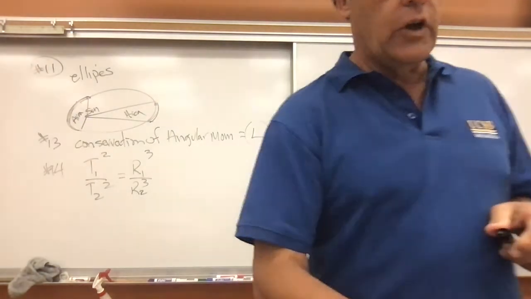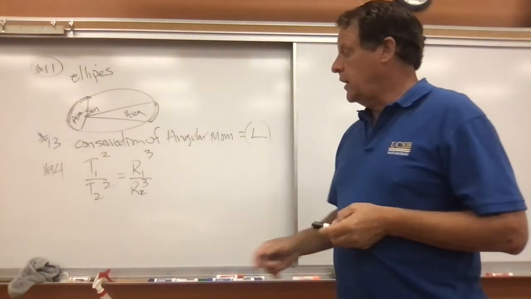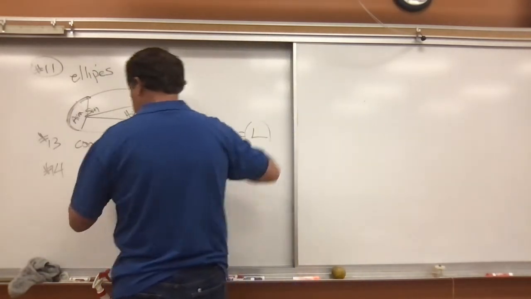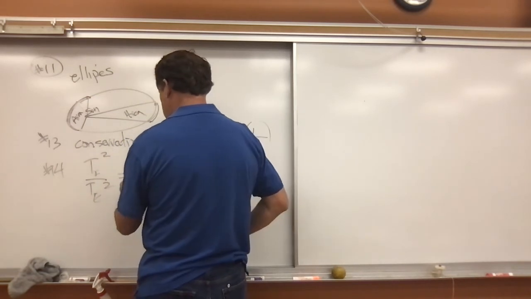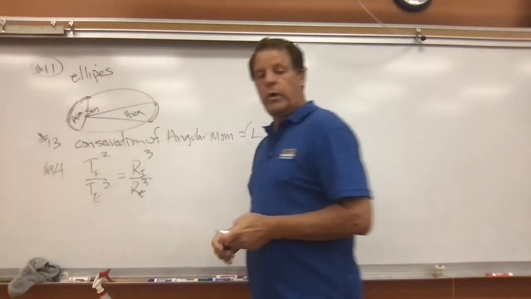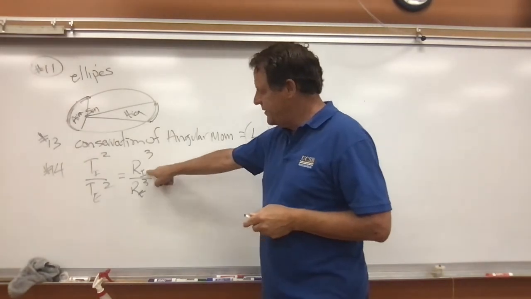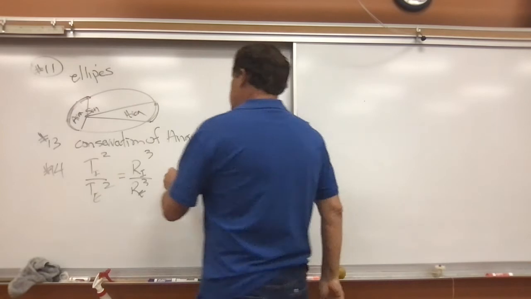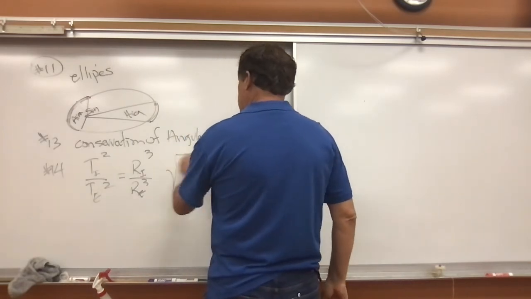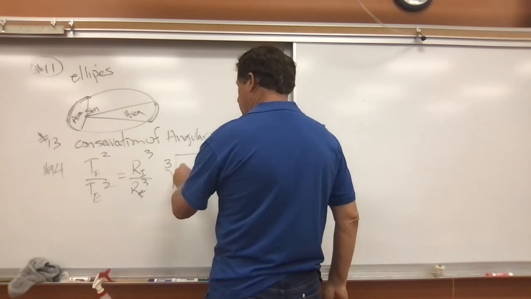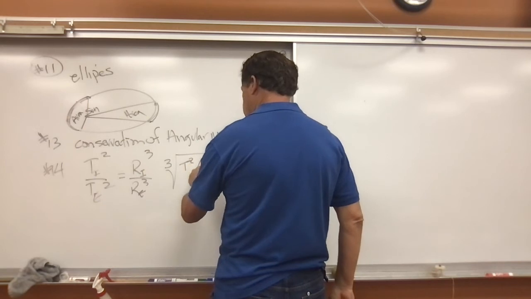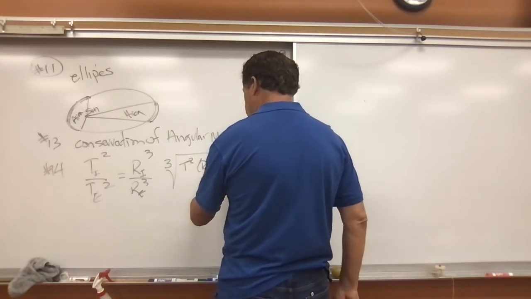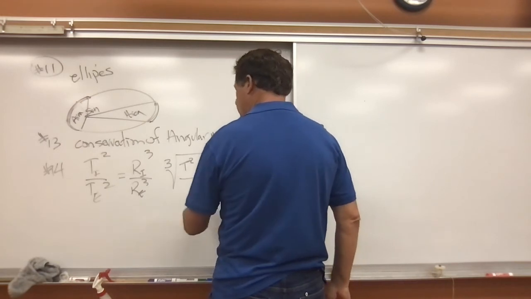All right, so in this case we're going to have Icarus and the Earth, and what we want to know is what this Ri is. And so we can say that this is going to be equal to the cube root of the period squared times the radius of the Earth-Sun cubed divided by the period of the Earth squared.